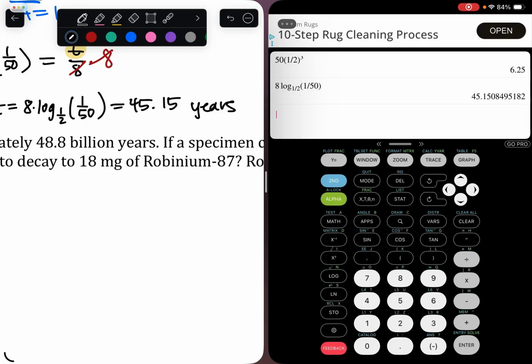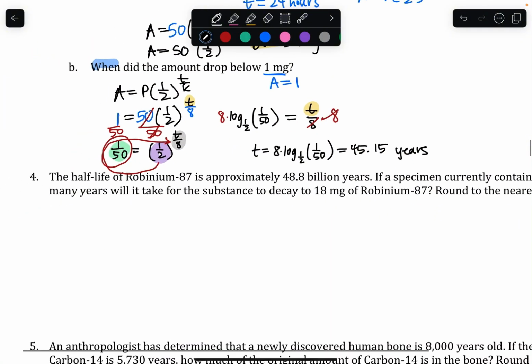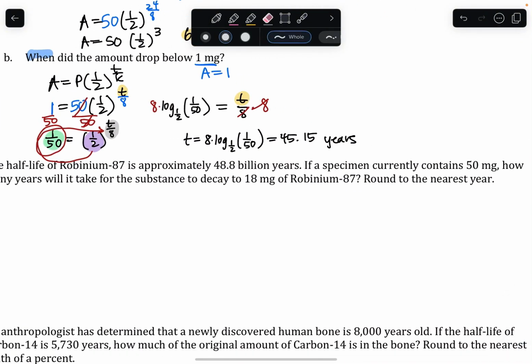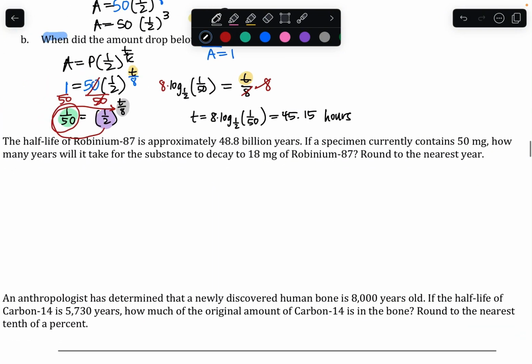Remember, t was being measured in years. Actually, just kidding. It's not 45 years. It's 45.15 hours. We were measuring in hours. If you wanted to get days for that, you could divide it by 24, but I'll just leave it in terms of hours.